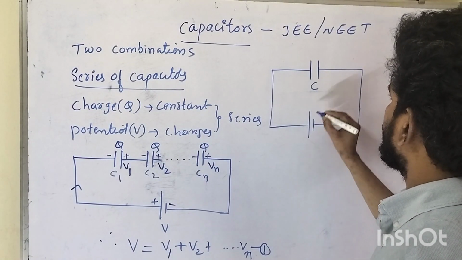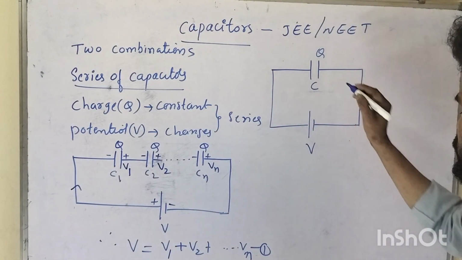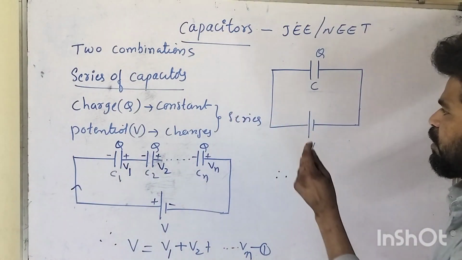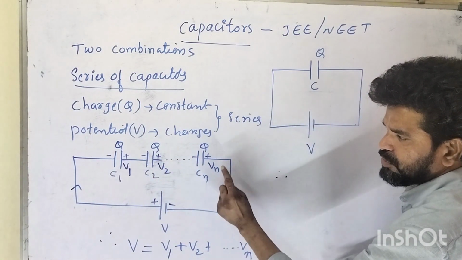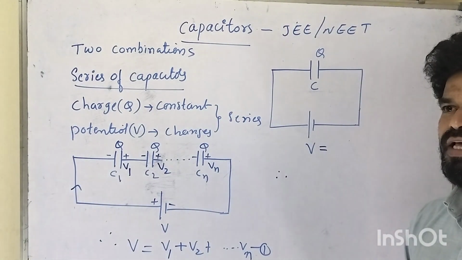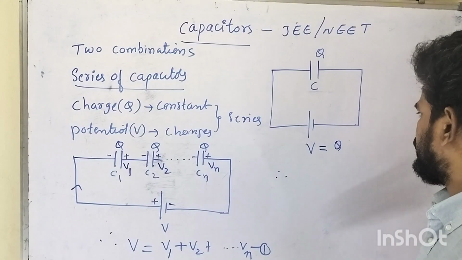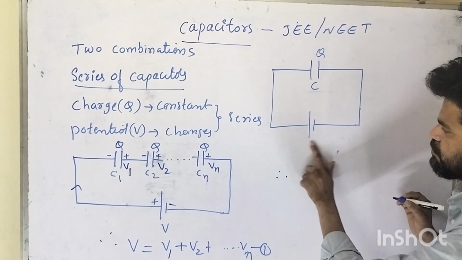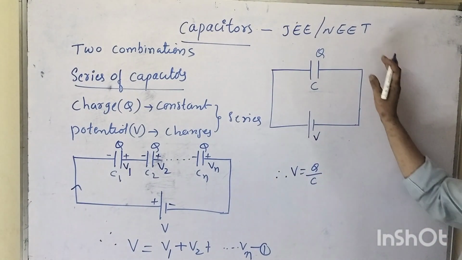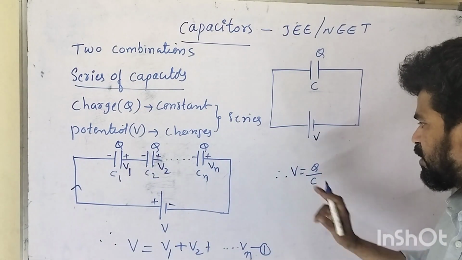I am taking its capacitance as C, with charge Q and potential V. Now I am going to explain how the potential is divided into V1, V2 and so on up to Vn. First, the expression for the potential: V equals Q by C. All the capacitors are taken as the effective capacitance C, so V equals Q by C.